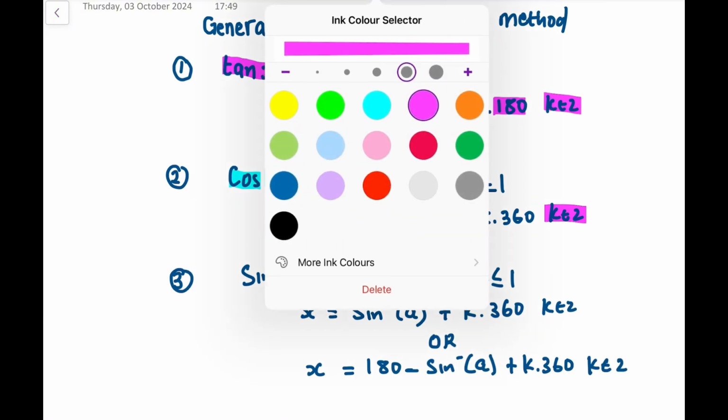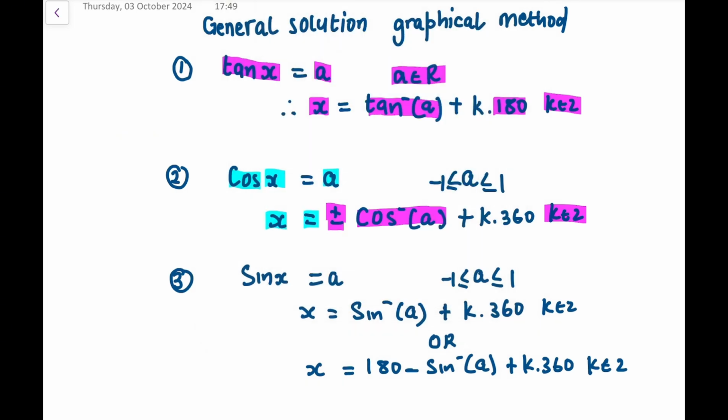Last one is the general solution for sine. So for sine, if you have sine x is equal to a, again, a must be a value from -1 to 1. So your x will be x is equal to the first solution. With sine, there are two solutions.